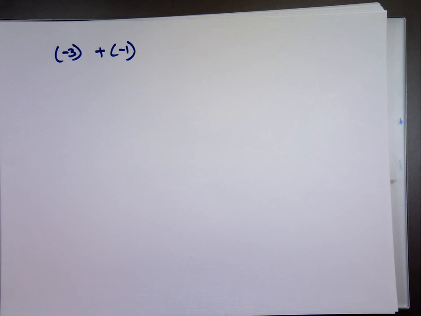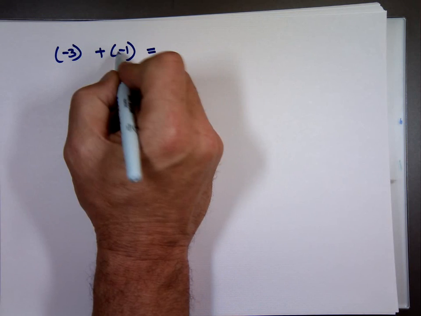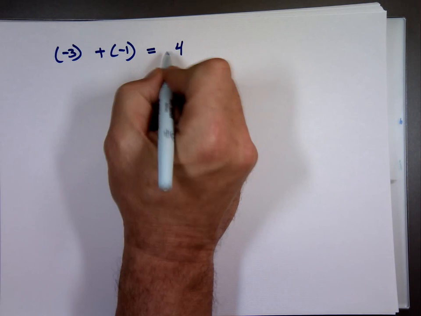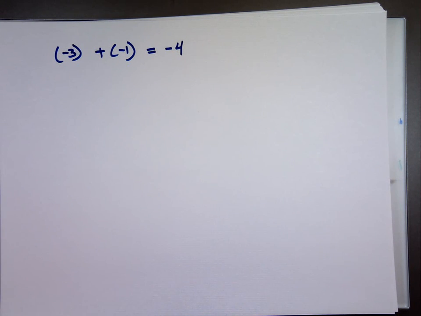Look at the two numbers. Same sign or different signs? Same. So what do we do? Add them, 1 and 3, 4, and keep the sign.